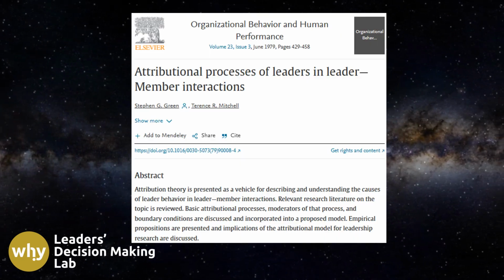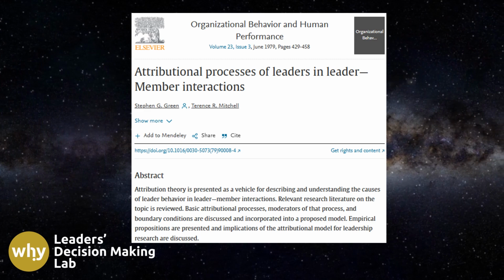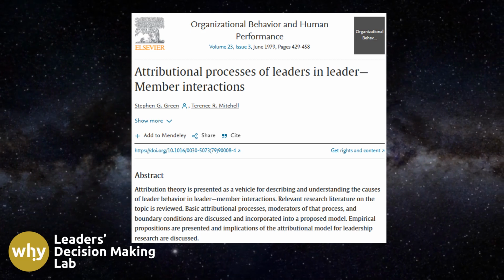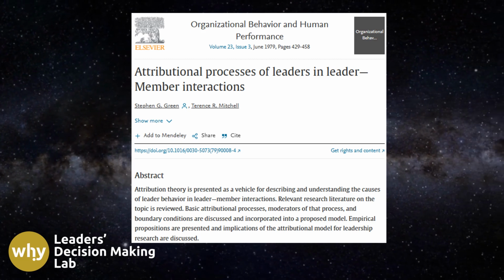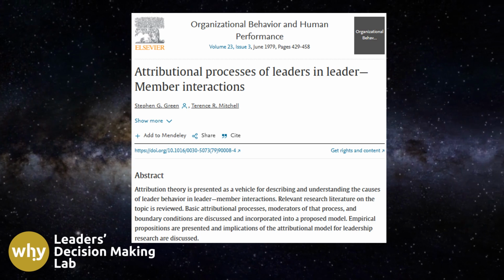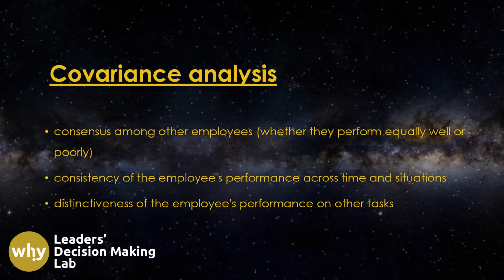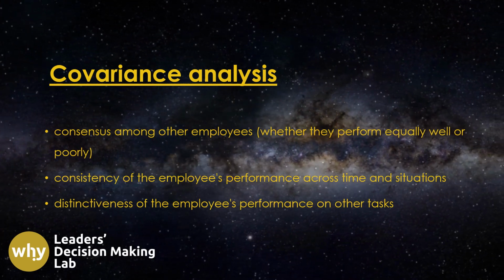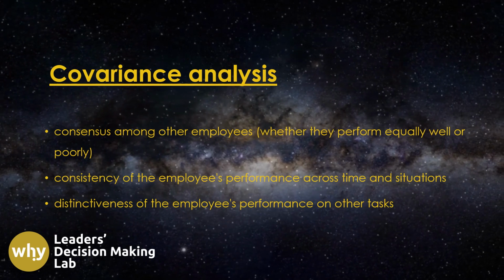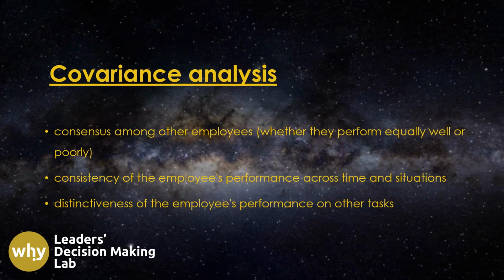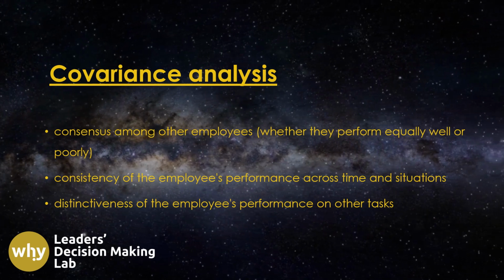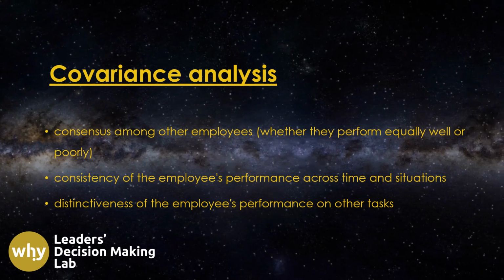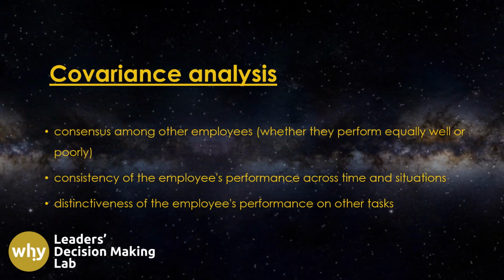The attribution model of leadership, developed in the late 1970s and early 1980s, provides a theoretical framework to explain leader behaviors by examining their causal explanations for employee performance. According to this model, leaders evaluate employee performance on the task by considering the extent of consensus among other employees, whether they perform equally well or poorly, consistency of employees' performance across time and situation, and the distinctiveness of employees' performance on other tasks.